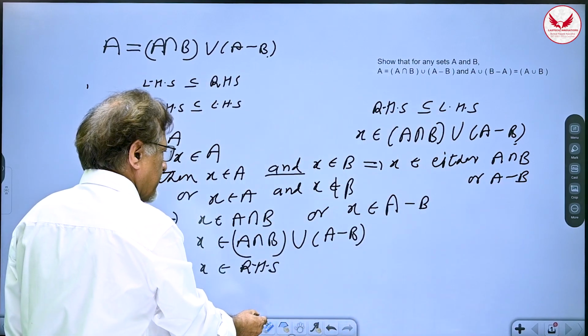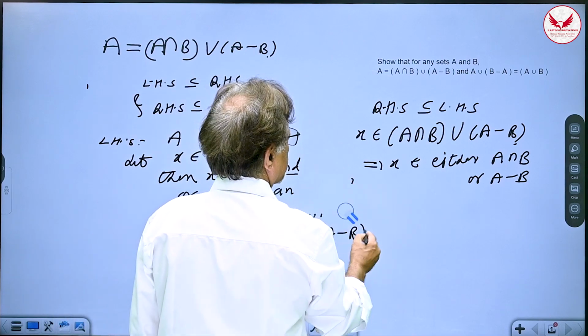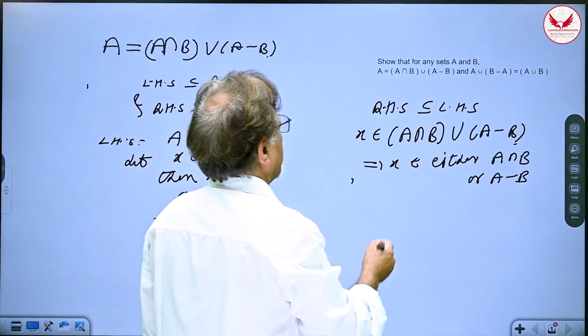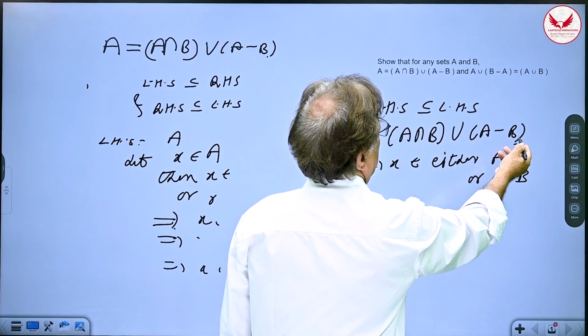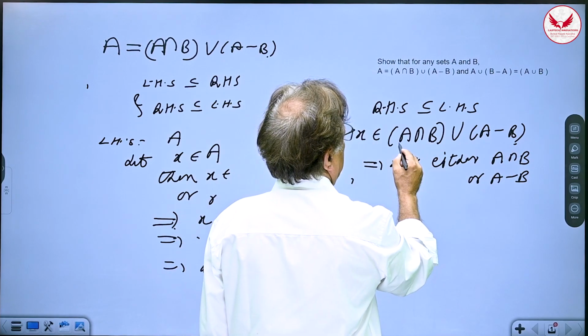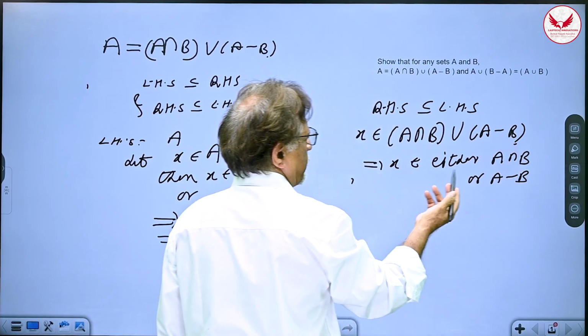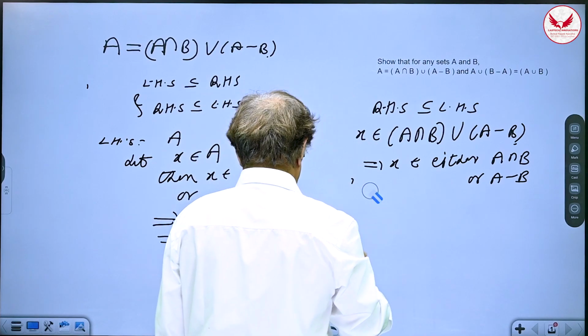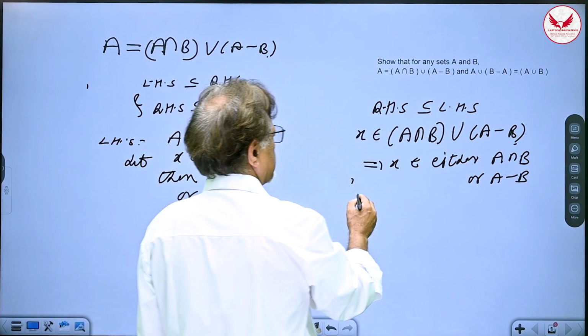Okay. So X belongs to A intersection B union A minus B. So X is either here or here, right? That is what I have said. That is a clear meaning of union.